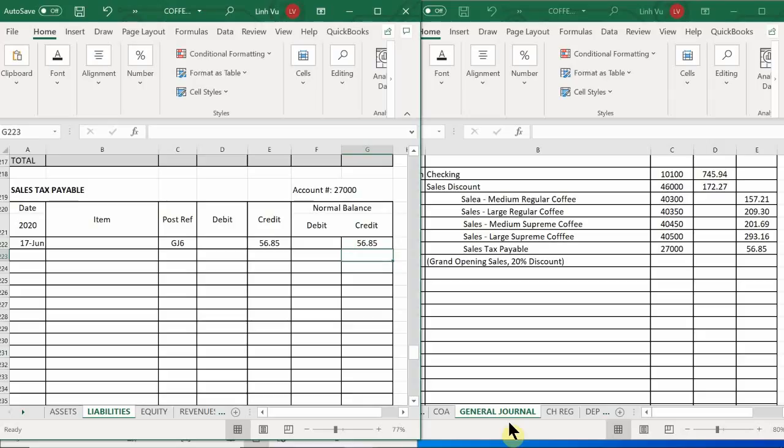Okay, where to next? Well, since this was money added to the register, wouldn't we have to go record that over in the register?